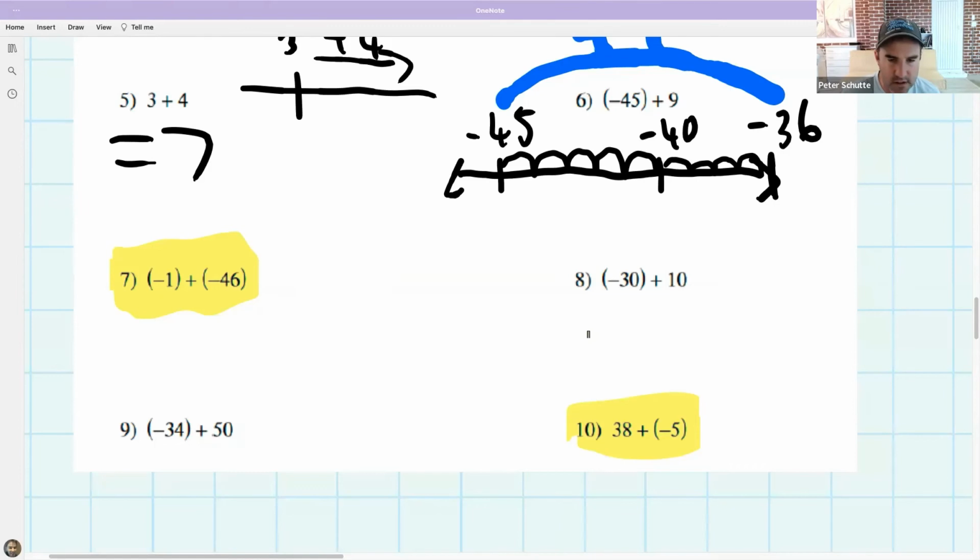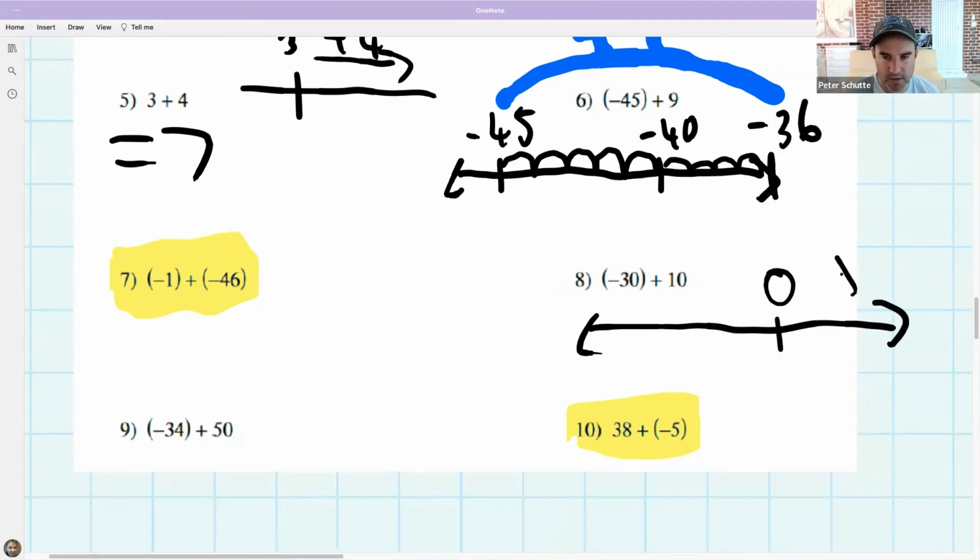So for number 8, if we add minus 30 on the number line, first of all, ask yourself, where is minus 30? So here's 0. Will it be on this side or will it be on this side? I think minus 30 is 30 units going to the left. And so it would be hanging out down here. Now, if I'm adding 10, what does that mean with my minus 30?